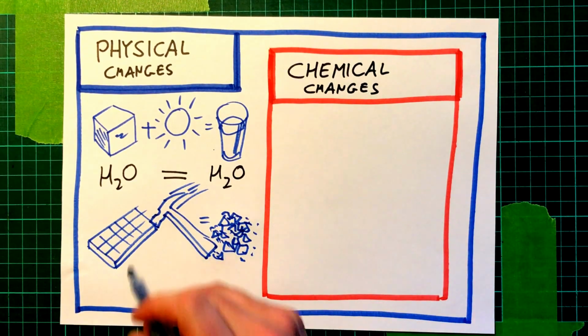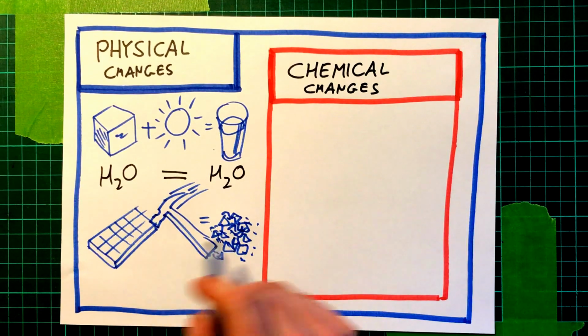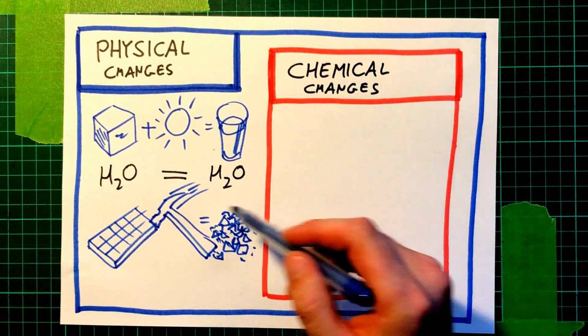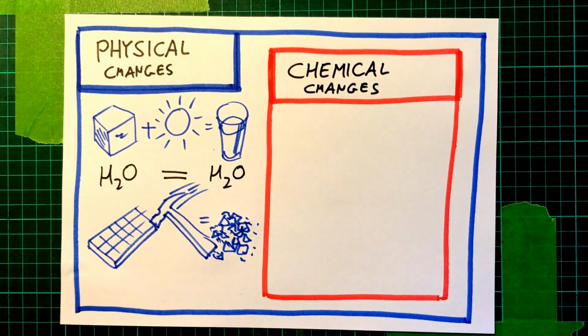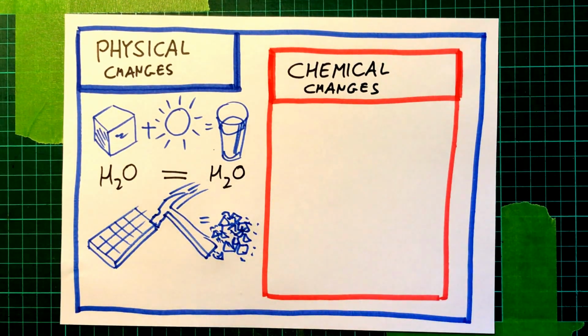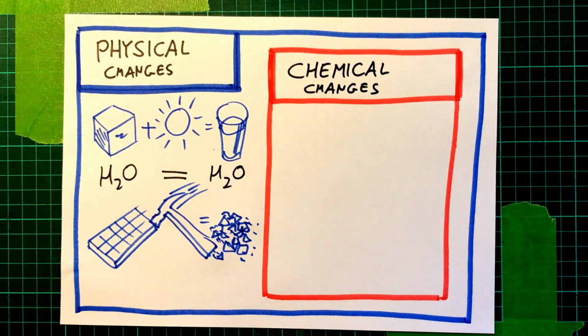So the chemical composition of chocolate, I don't know what the chemical formula is, but it will be the same both ends of the change. Now, if you melted that down and put it back in a mold, you could come back to the original. So, physical changes you can often undo. However, it is more difficult to undo chemical changes.